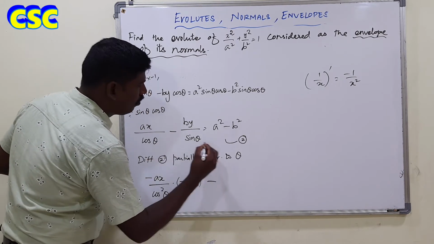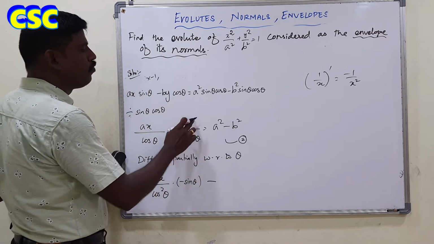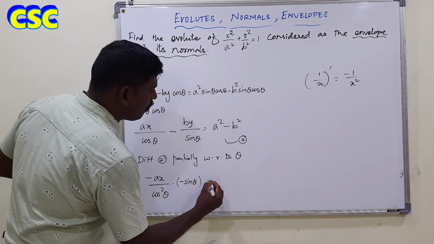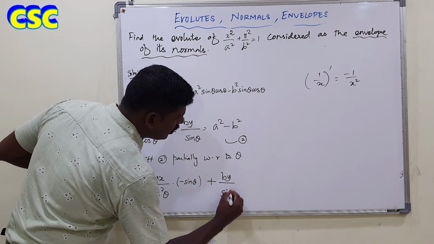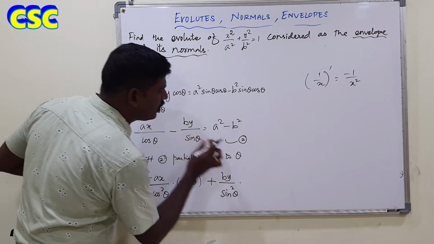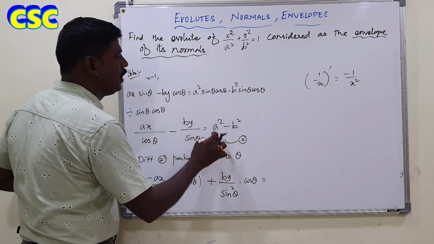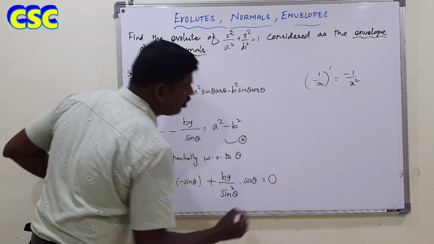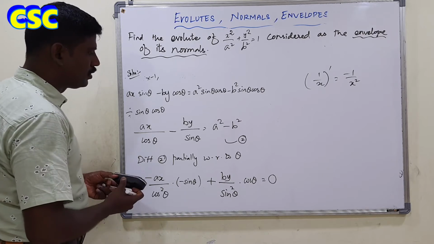Minus by into 1 by sin theta: the derivative of 1 by sin theta is minus 1 by sin square theta, so minus into minus is plus, by sin square theta into the derivative of sin theta, which is cos theta, equal to: the right hand side is a term independent of theta, so treated as a constant, it becomes 0, right? So minus into minus is plus, isn't it?